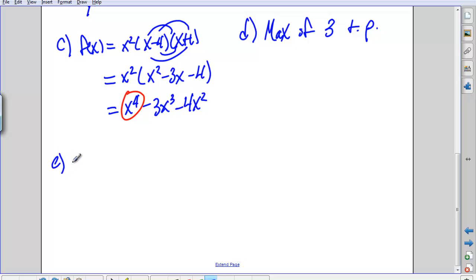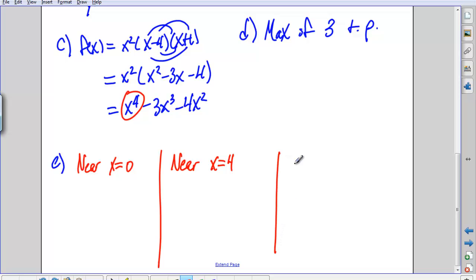Part E is the part we all love. Near each x-intercept, what's the behavior? So near x equals 0, positive 4, and negative 1.